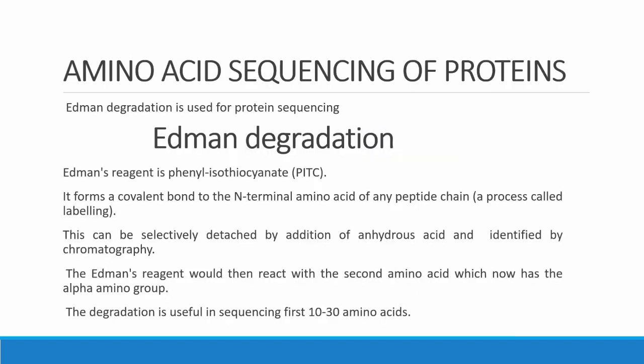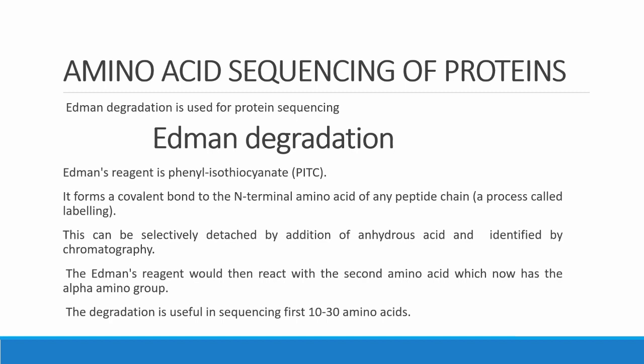The sequencing of proteins is done by Edman degradation, and the Edman's reagent is phenyl isothiocyanate, that is PITC, or you can just call it PTC to remember. Now it forms a covalent bond with the N-terminal amino acid, that is like the first amino acid in the primary structure. It forms a covalent bond with it, and this is called labeling.